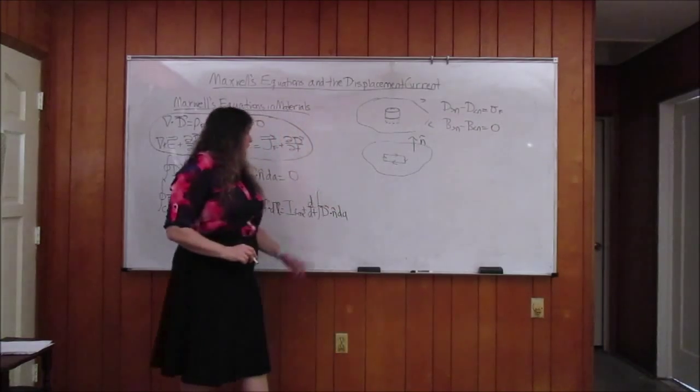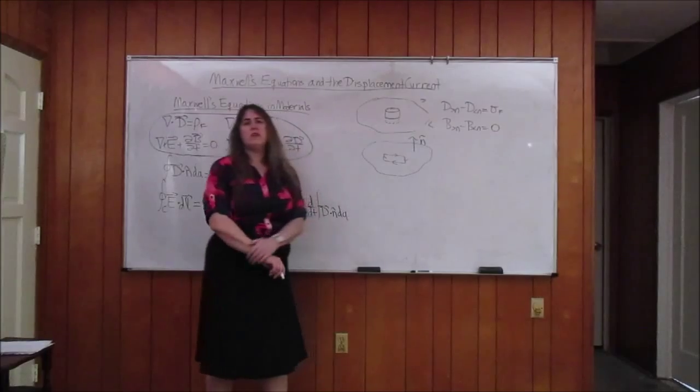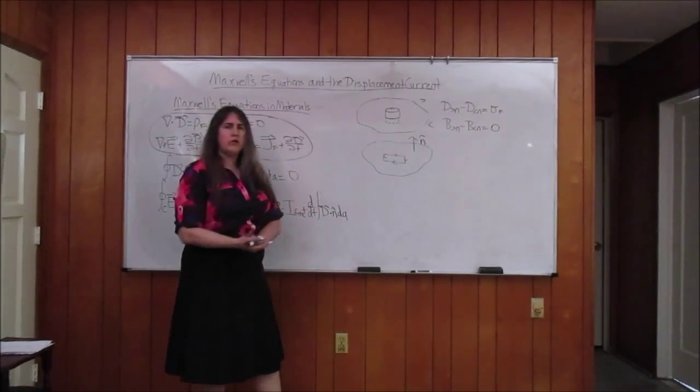Now, in order to investigate these last two equations to come up with boundary conditions, I'm going to construct an Amperian loop. And once again, I'm going to make it very, very narrow.